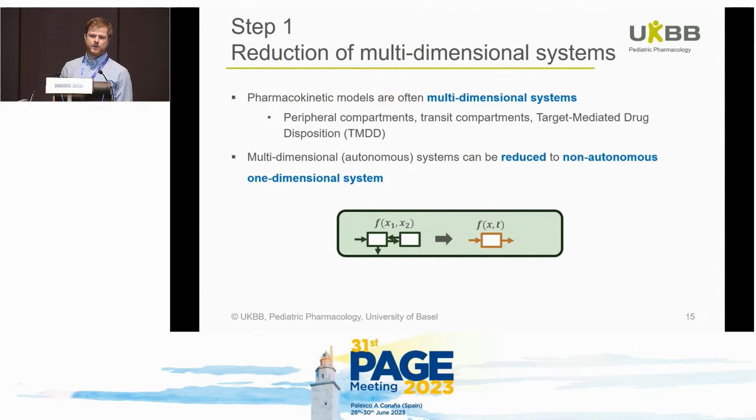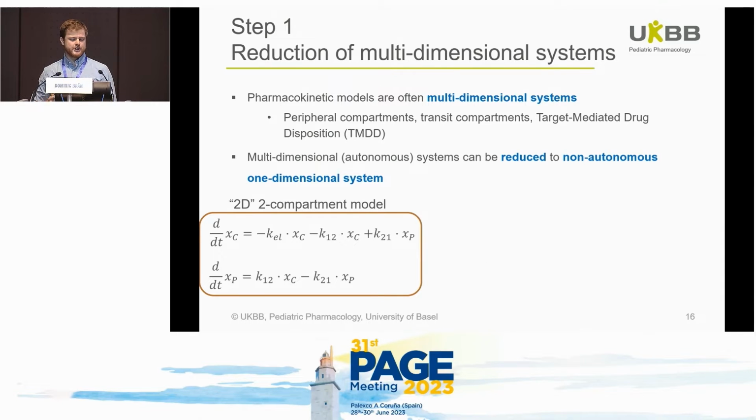As I mentioned before, we often have this multidimensionality in pharmacometrics with peripheral compartments, transit compartments, even drug-receptor complexes in the TMDD model. But we can reduce these multidimensional systems to one-dimensional systems, and I will show you this on the example of a 2-compartment model.